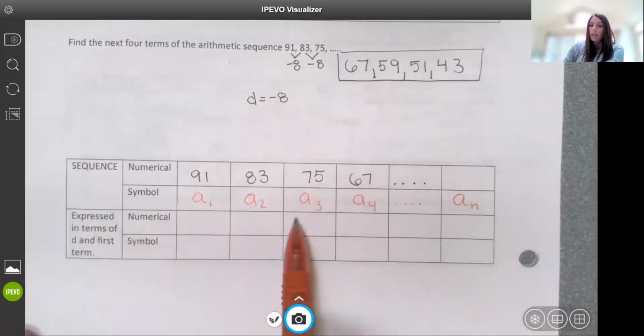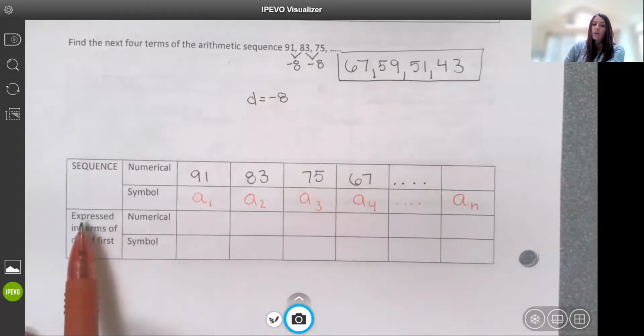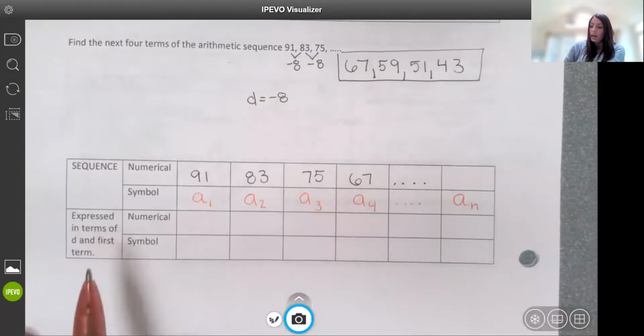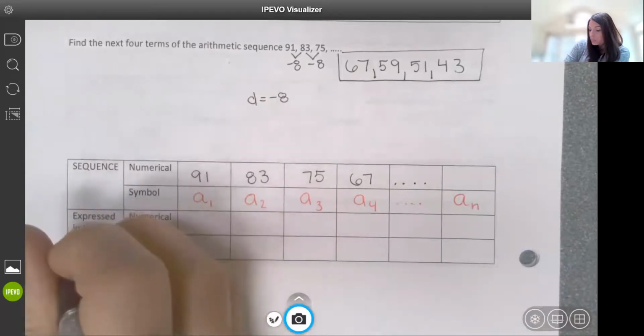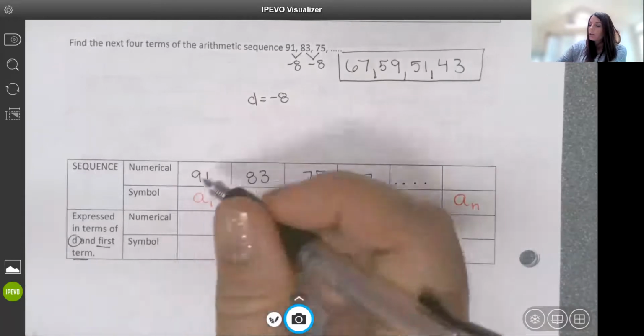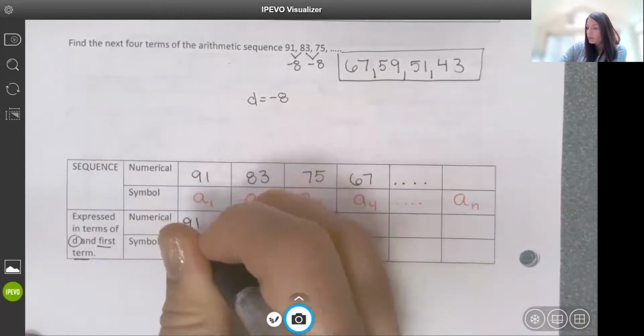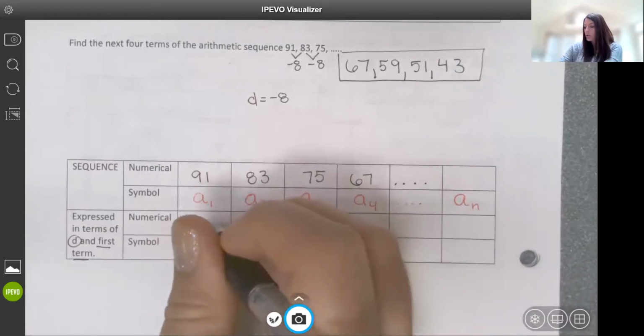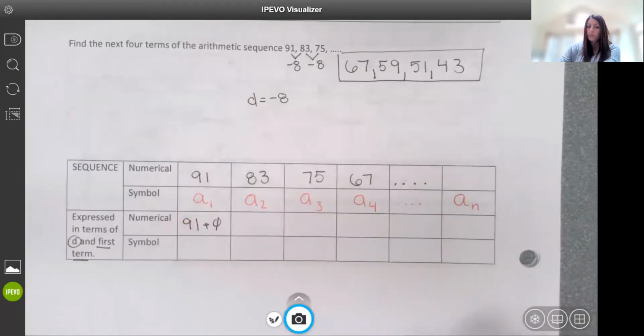Now we're going to rewrite that sequence from above, but we're always going to express it in terms of the difference and the first term. So for 91, we don't have any difference there. We just have 91. So I'm going to say plus 0.